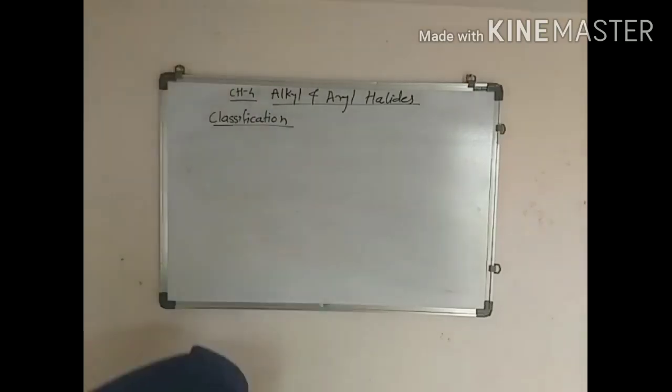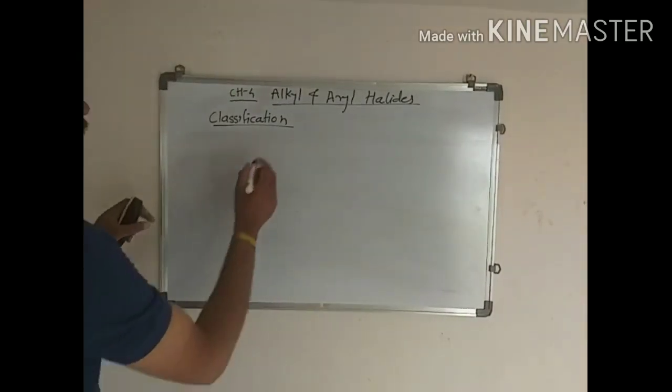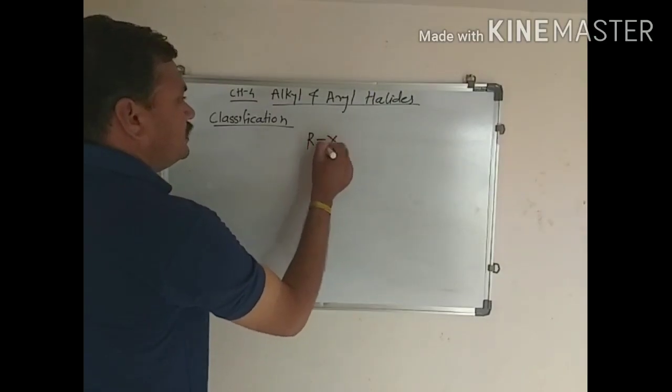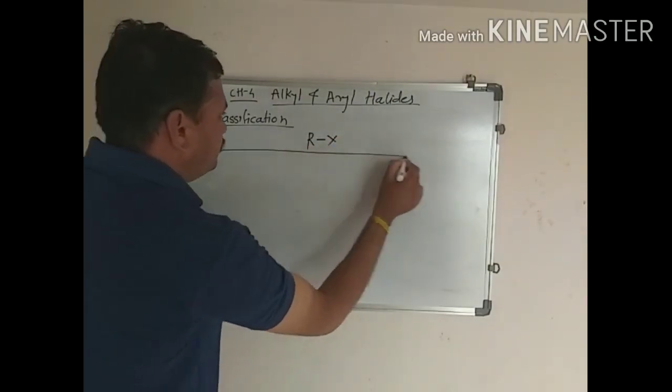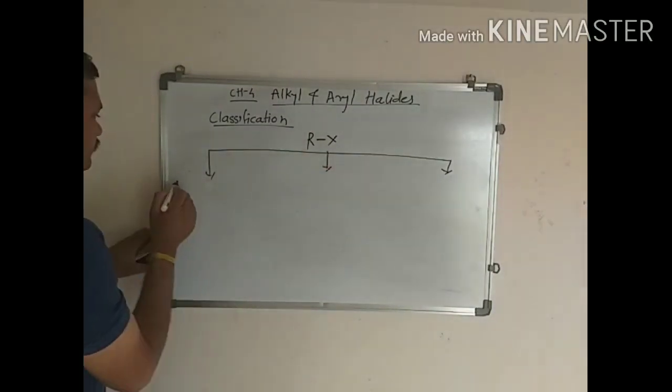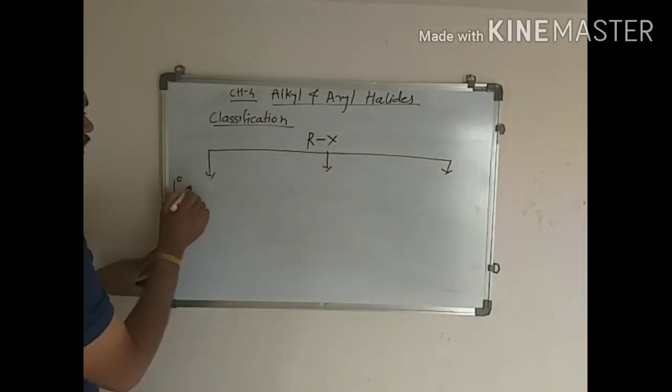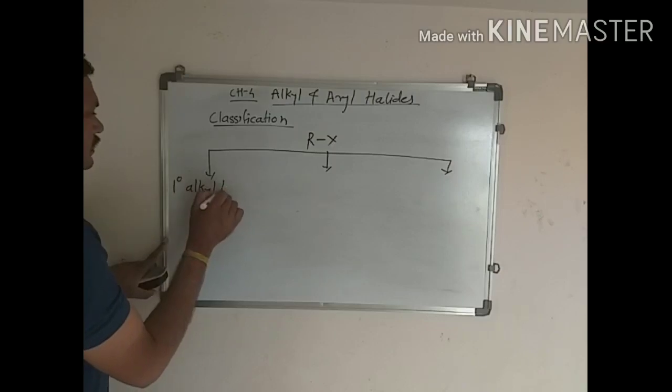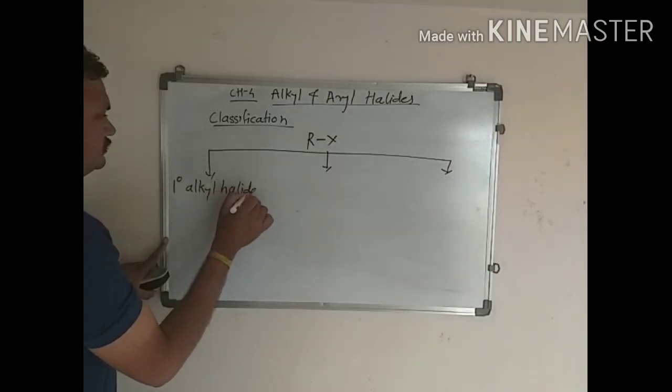We will see the classification. RX, alkyl halides, are classified into these three classes. First, it is primary alkyl halide.